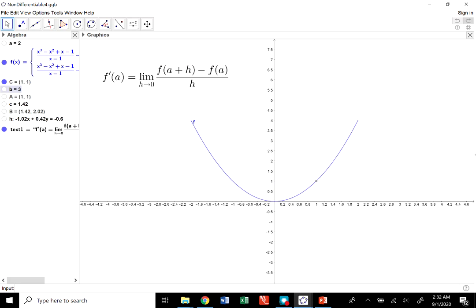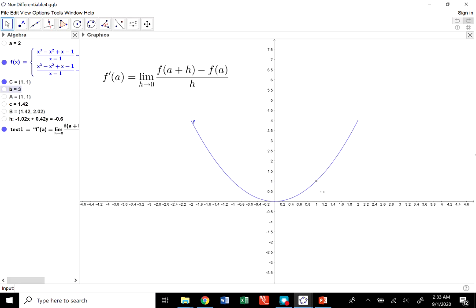Well, for that, let's recall what the definition of the derivative at a point is. f prime of a, the derivative of function f at point A, is the limit of f of a plus h minus f of a, over h, as h approaches 0. Based on this, I want to say, in that case, this function is not differentiable at this x equals a.